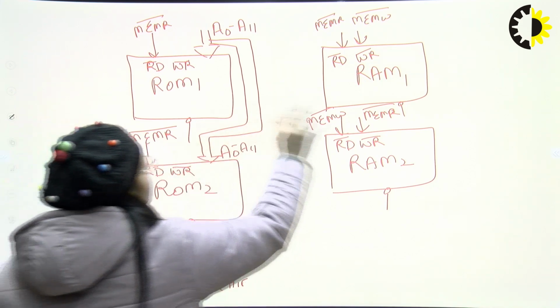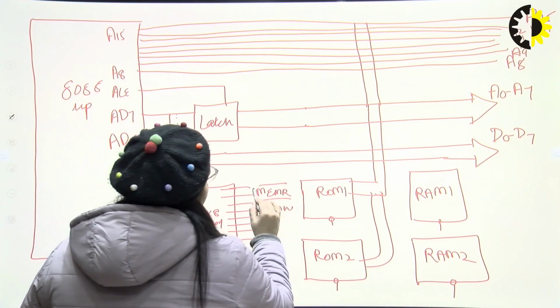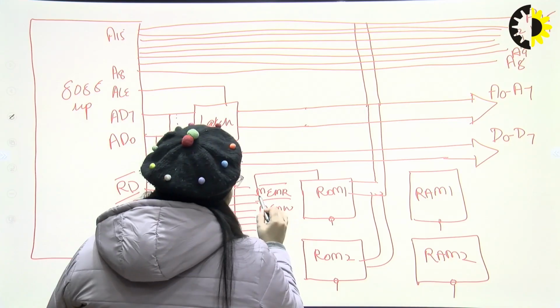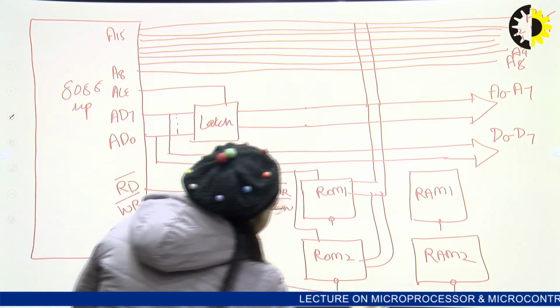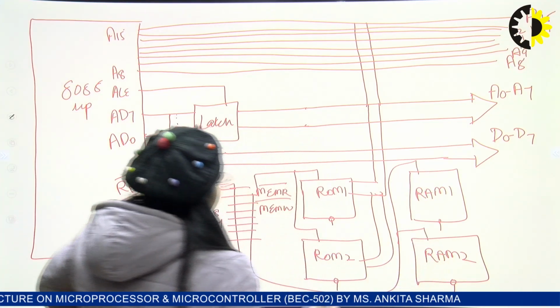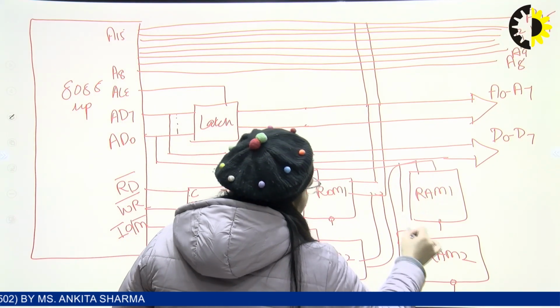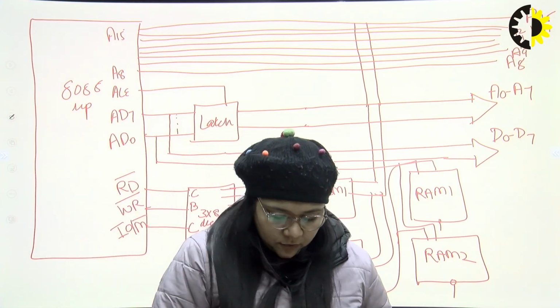The others will be connected just like this. Memory write will be connected in ROM and also in the RAM, and memory read also, like this and like this. So this diagram can be completed with the help of these things.